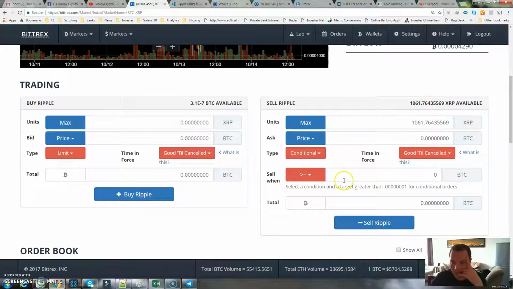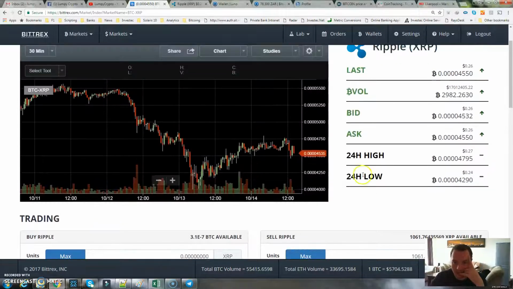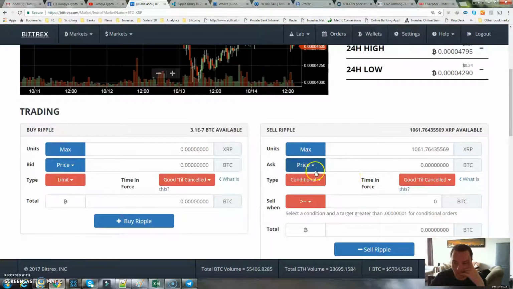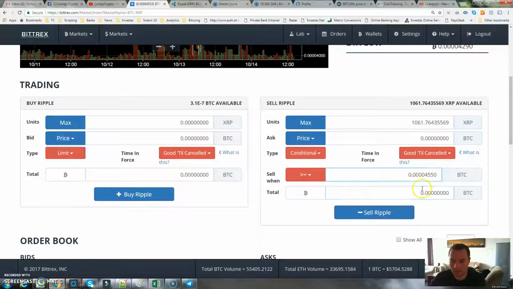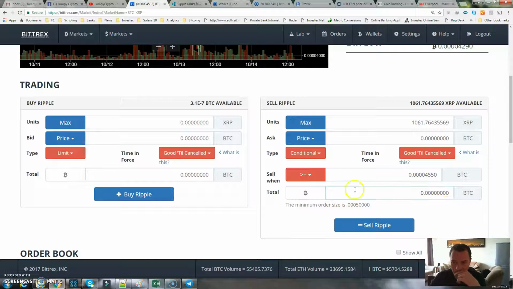Okay, so what we want is we want to make sure that the price is sell when greater than or equal to, conditional good. We want to make that 5350.